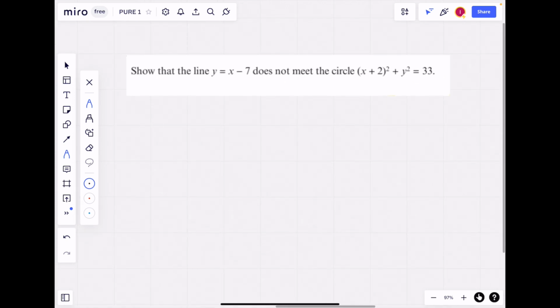Show that the line y equals x minus 7 does not meet the circle. You're going to do the same thing as we did just before. You're going to try and solve simultaneously. But here's what I want you to do.